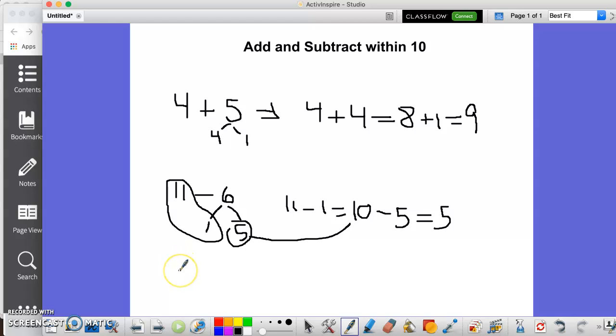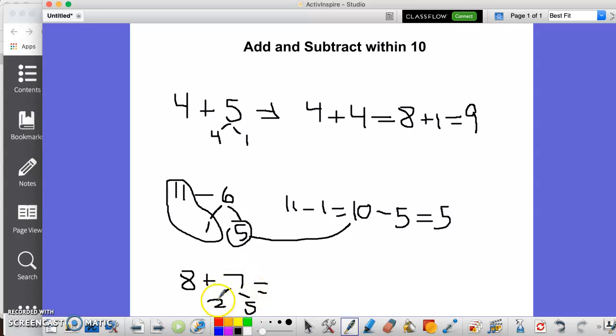So for make a 10, we might have 8 plus 7. Well, I want to make one of these numbers into a 10 when I add. My closest number would be 8, so I know to get 8 to 10 I need 2 more. And I know that 2 and 5 is equal to 7.